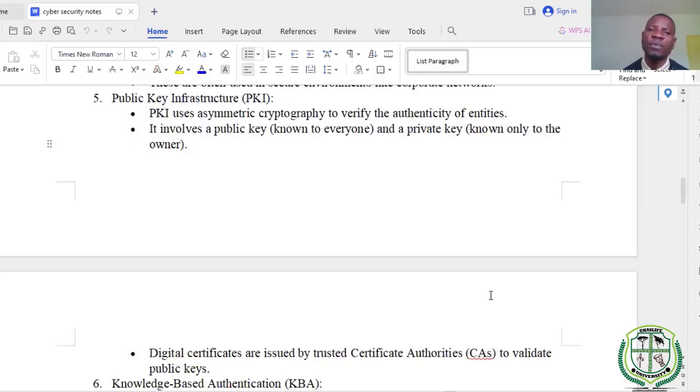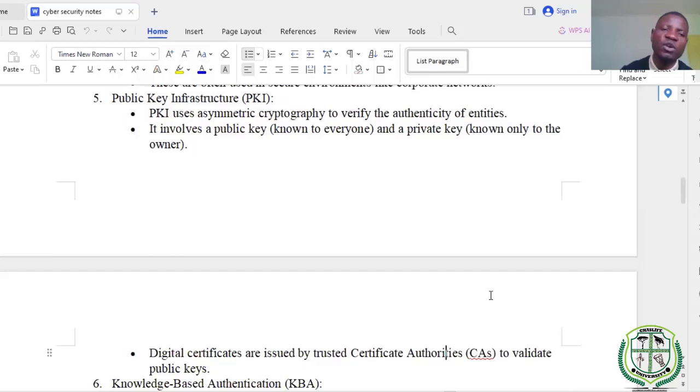So when you talk of public key infrastructure, you are bringing in the aspect of asymmetric cryptography. The public key is known by everyone, and the private key is known by the owner, which could be the system or the organization.